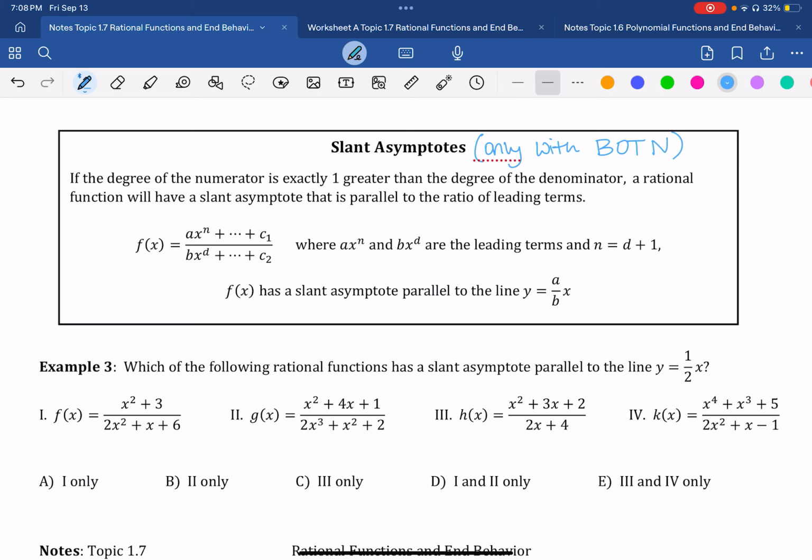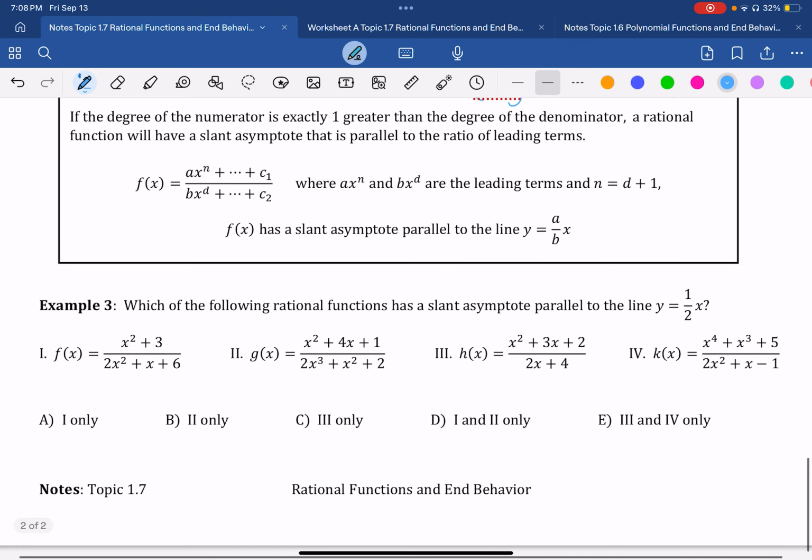For BOBO and EATS-DC, you have a horizontal asymptote. The only time you have a slant asymptote is if you're bigger on the top and if the degree of the numerator is exactly 1 bigger than the degree of the denominator. Okay? So example 3, which of the following rational functions has a slant asymptote parallel to the line y equals 1/2 times x?